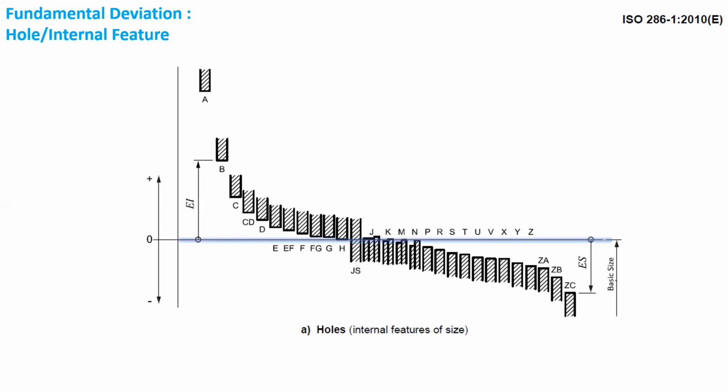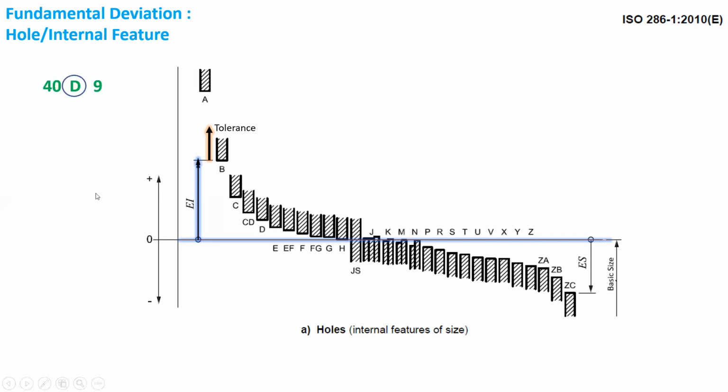In this figure, the blue line represents the basic size. If we take the example of a hole with fundamental deviation B, we can see that B is the lower deviation, and the tolerance will extend upwards from the fundamental deviation, that is the lower deviation for the hole B.